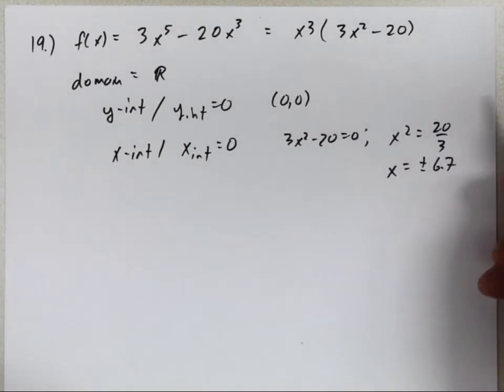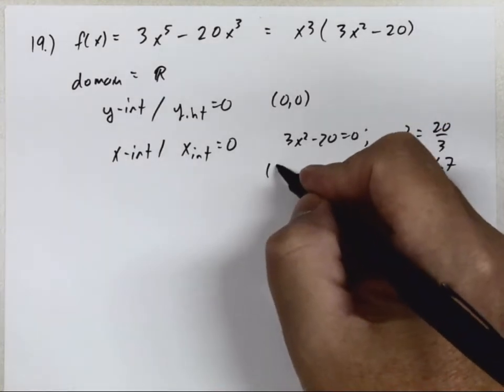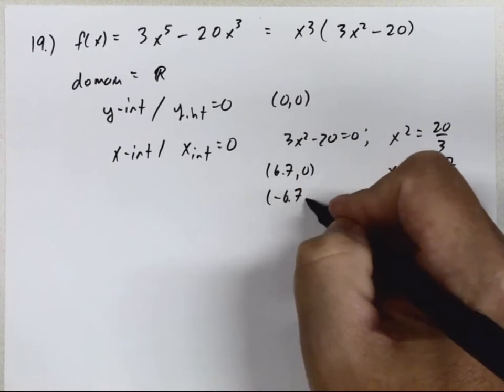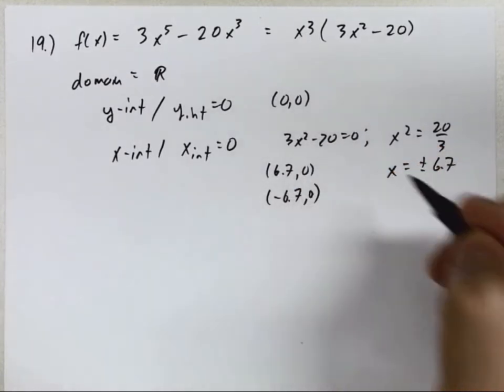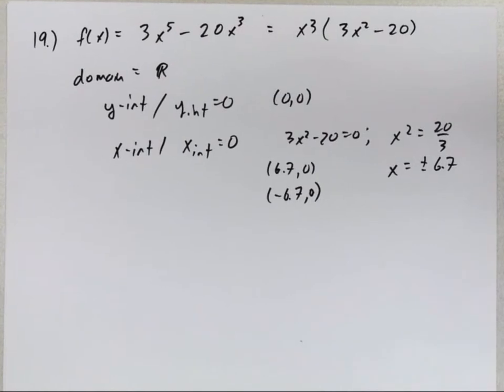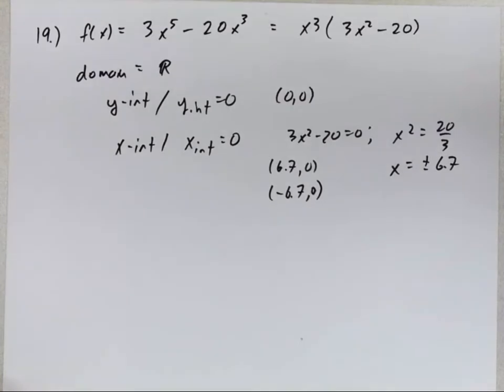So that may help us when we're graphing. So we're also going to have a couple of x-intercepts. Asymptotes, no asymptotes. Increase, decrease.